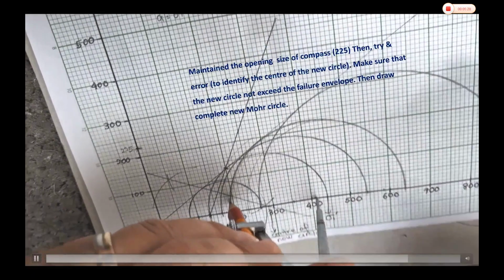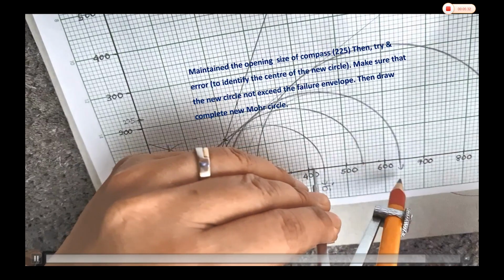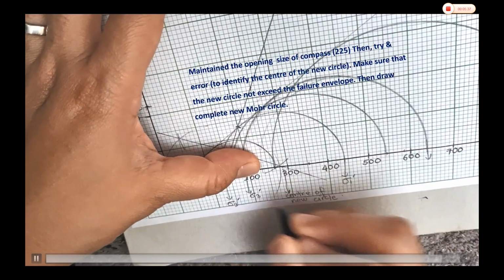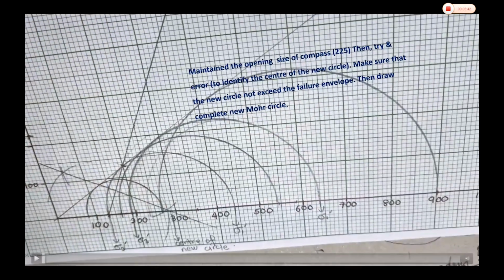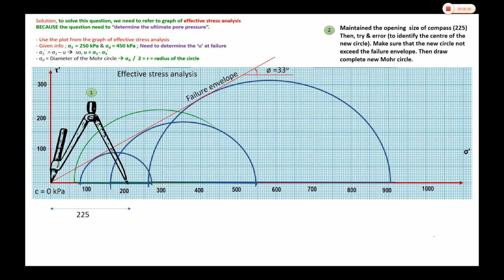Now you need to mark where the new sigma 3 prime and new sigma 1 prime are. Now you have one new Mohr circle to proceed with the question. Again, you open the compass, refer to the radius of the circle, and maintain the opening.